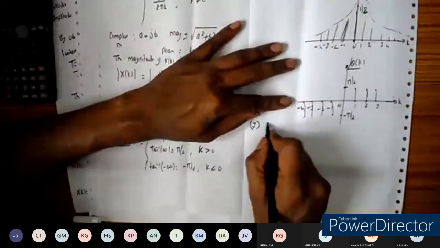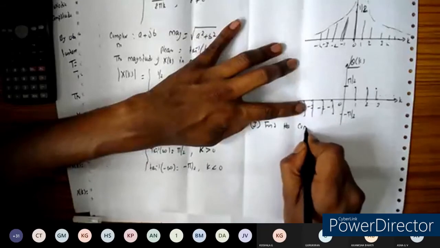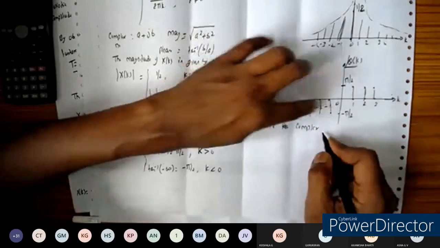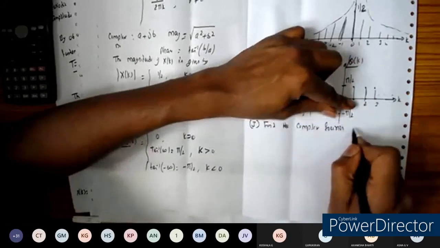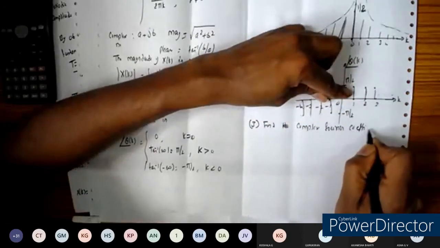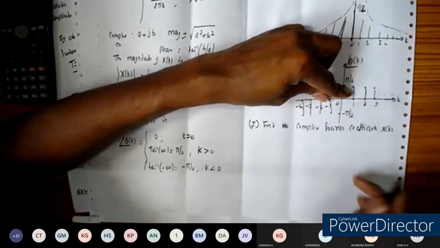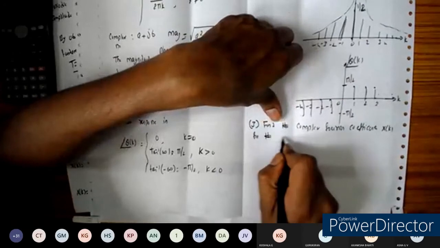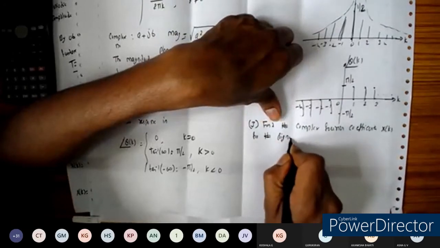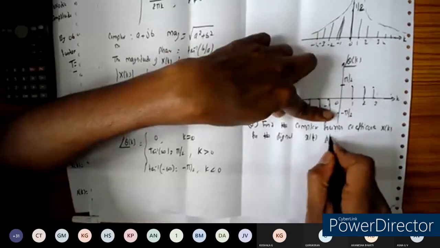Find the complex Fourier series coefficient X of k for the signal x of t shown in the figure below.